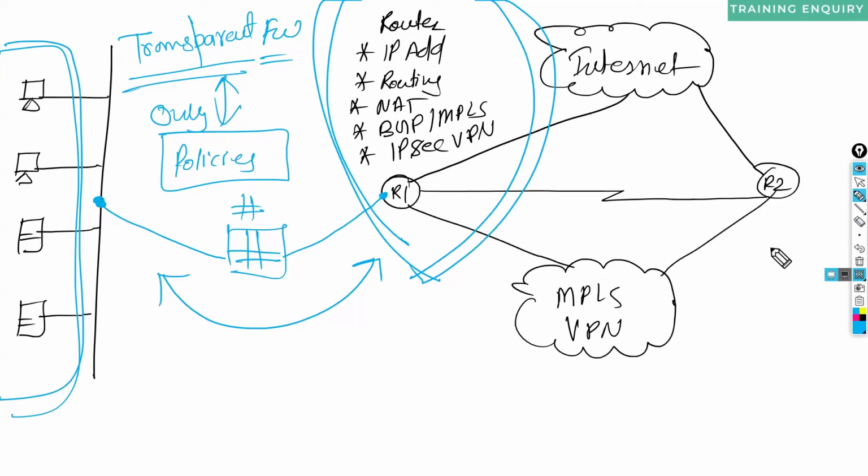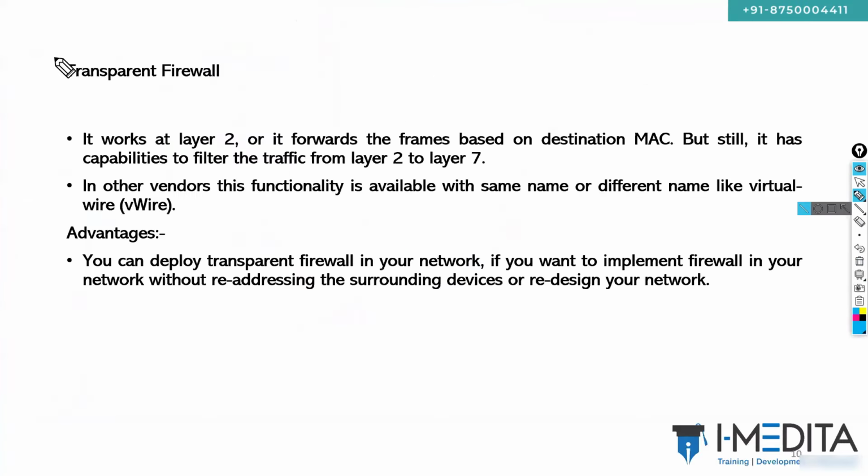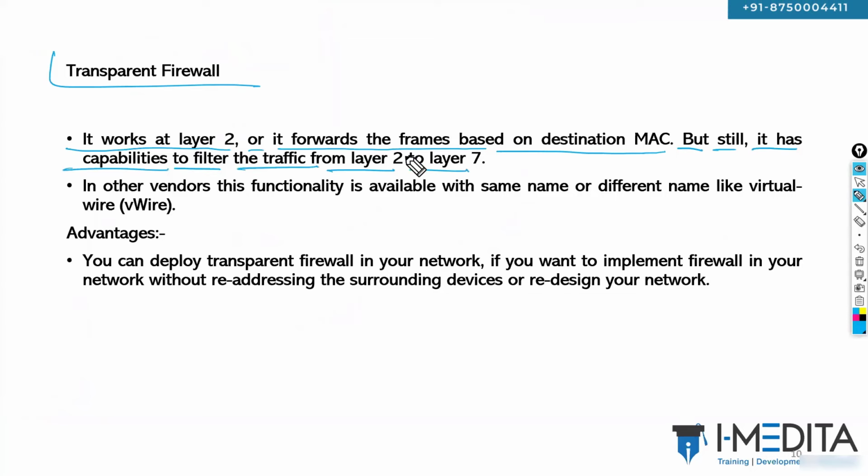Now, whatever we have gone through with the diagram, the same thing is mentioned here. A transparent firewall works at layer 2 and forwards the frame based on destination MAC address, but still a transparent firewall has capabilities to filter traffic from layer 2 to layer 7.